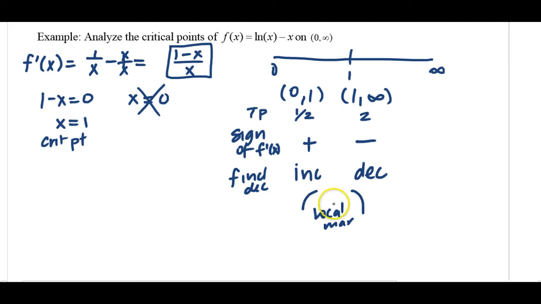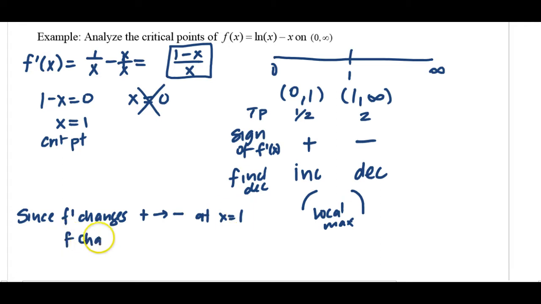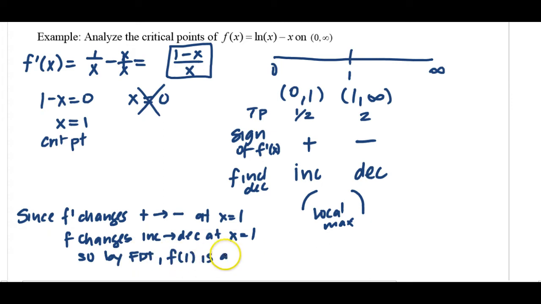So we will summarize this last one as, since f prime changes from positive to negative at x equals 1, f changes from increasing to decreasing at x equals 1. So by FDT, f of 1 is a local max.